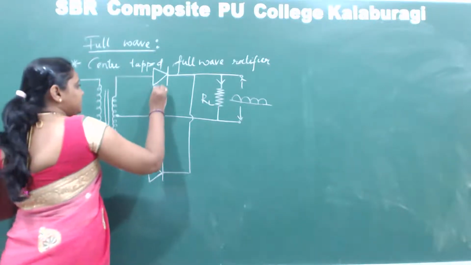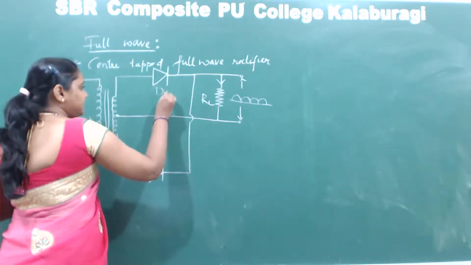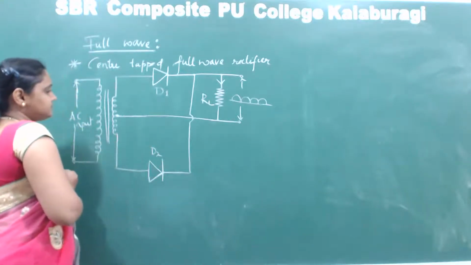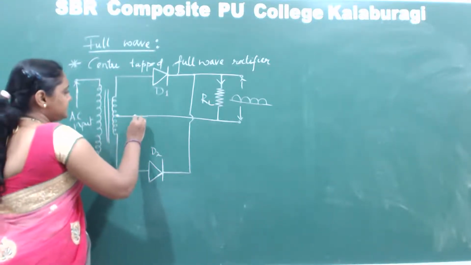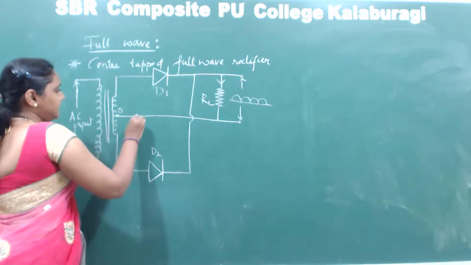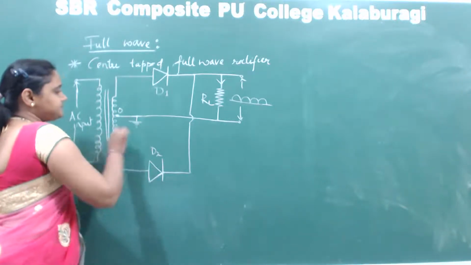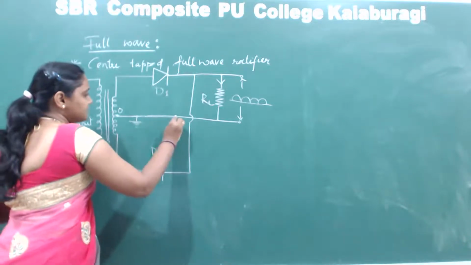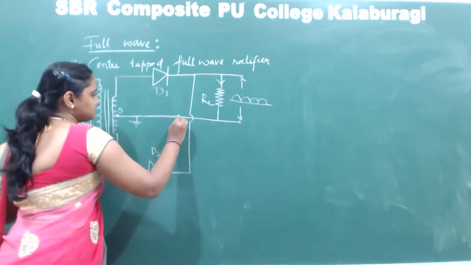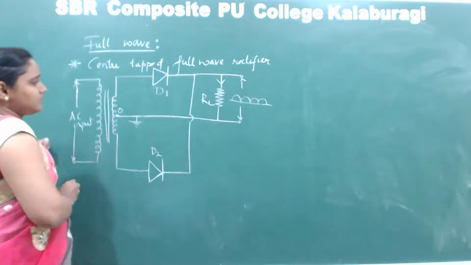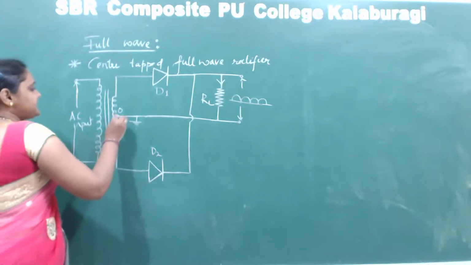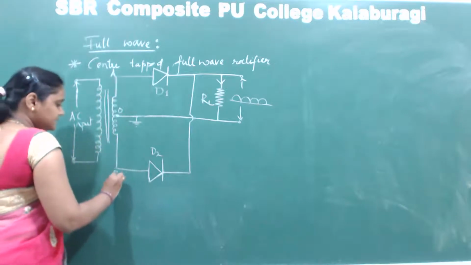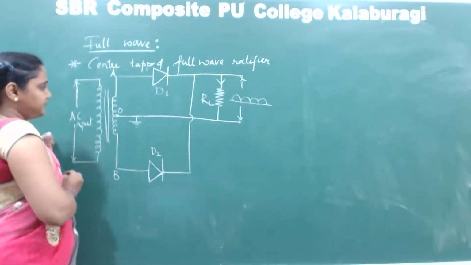So this is the diode D1 and this is the diode D2. Right? And the center is normally at ground, that is always at a zero potential. Here, with respect to the center, there are two terminals, A and B.